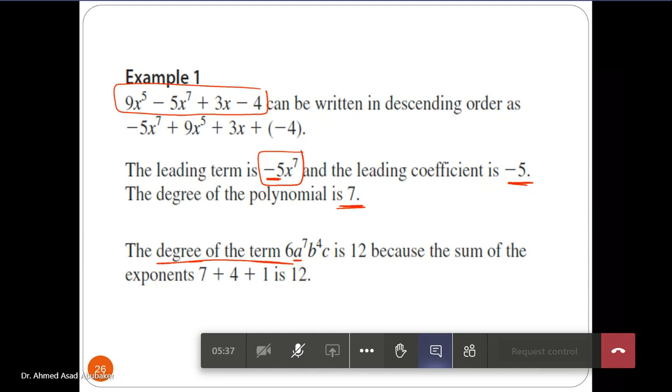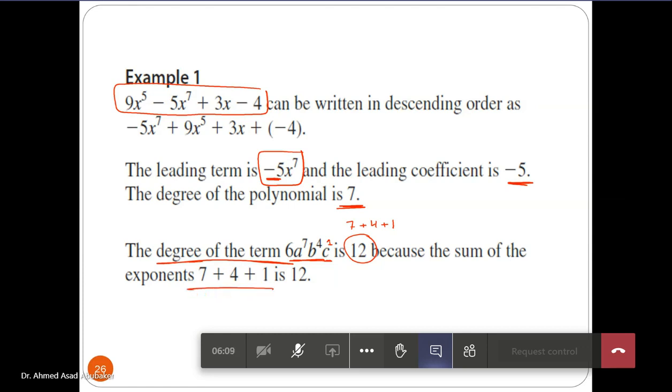A has exponent 7, B with exponent 4, C with exponent 1. This is 1, but we cannot write the 1. So we have this term with degree 12. 12, this is from 7 plus 4 plus 1. Okay? Like this.